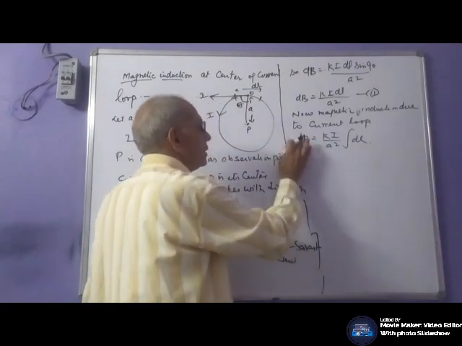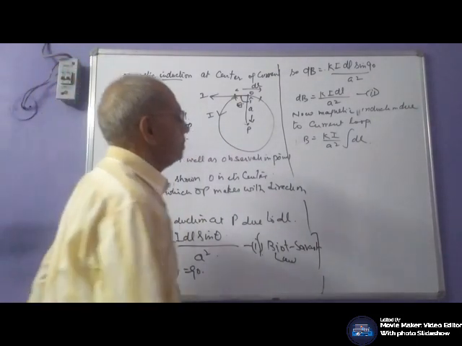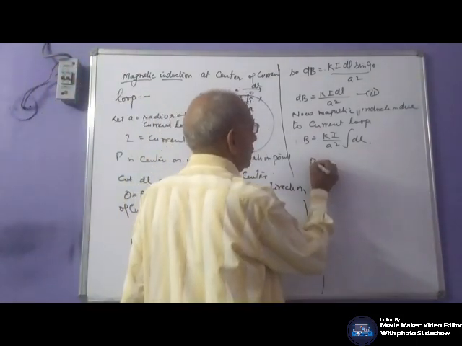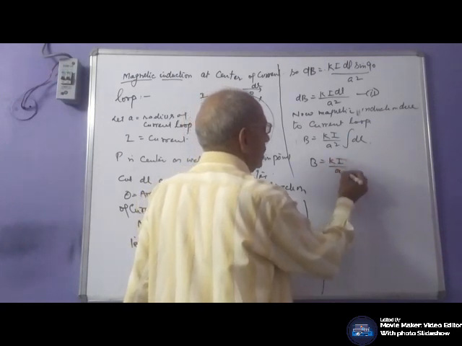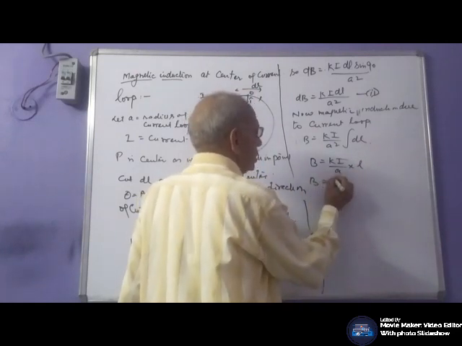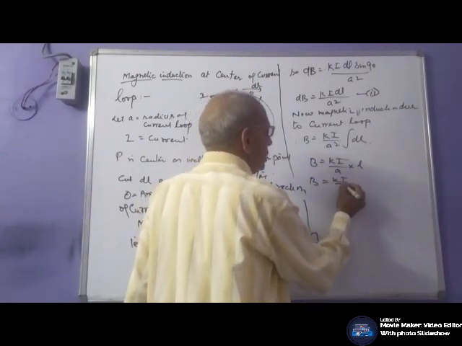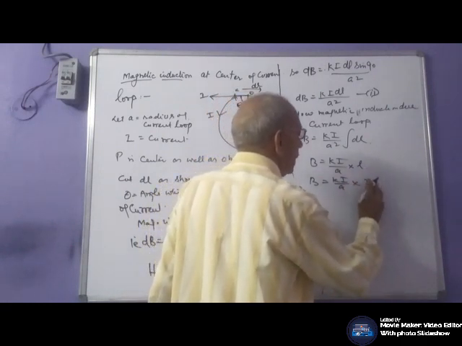Sorry, it is B. B equals K I by a square times L, where L means total length, which is 2 pi a.